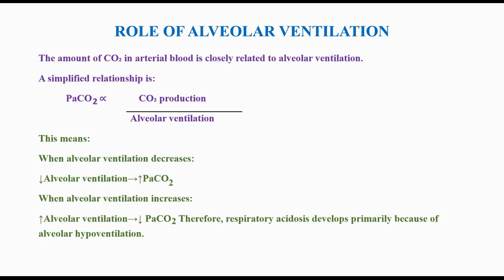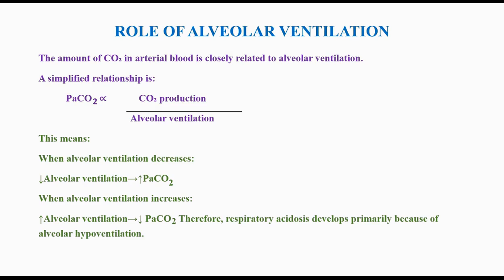It is important to understand that hypoventilation does not necessarily mean slow breathing. A person may have a normal respiratory rate but still have inadequate alveolar ventilation. For example, if the person takes very shallow breaths, much of the inspired air may remain in the anatomical dead space rather than reaching the alveoli effectively.